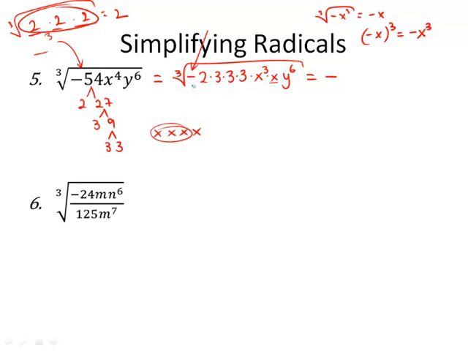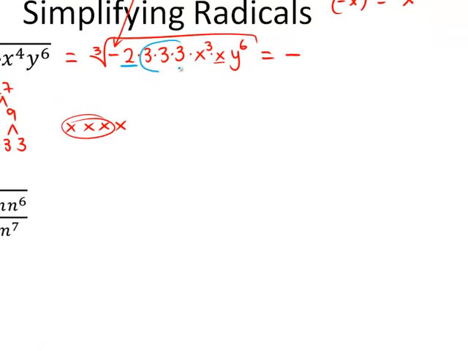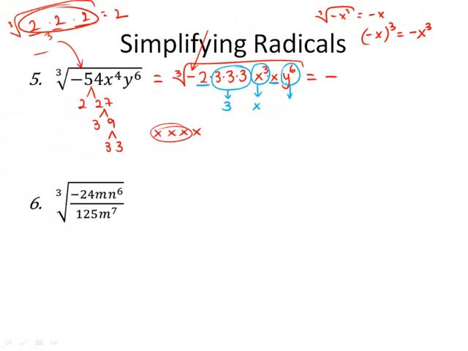So here we have a 2 that does not have anything else to combine with. We have a triplet of 3's, which will leave us cube root of 27, which is just 3. We have a triplet of x's, which will leave us with an x. One x is left by itself, and we have a triplet of, actually two triplets of y's, because two triplets make 6. So really you're dividing the exponent by 3.